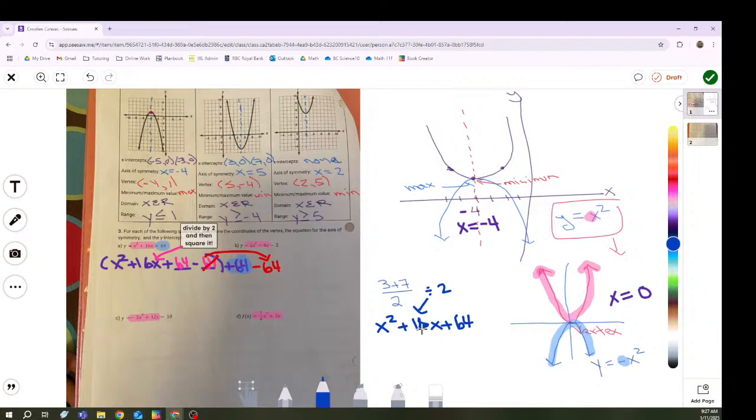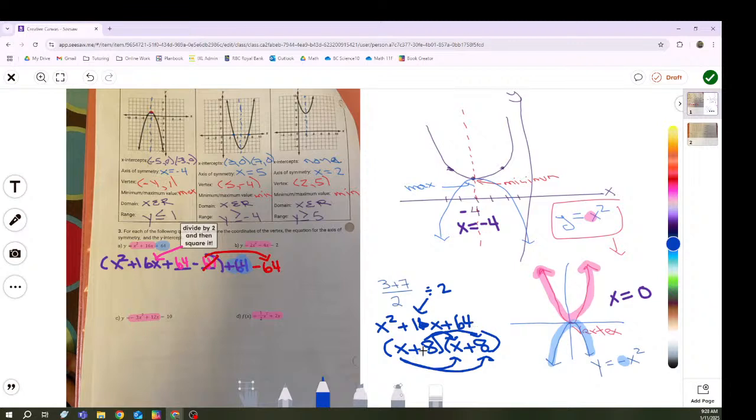And 16 divided by 2 is 8, so as factors, this would have been x plus 8 times x plus 8. If we FOILed this, just as a check, this would have been first terms, x squared. Outside terms, there's 8x. Inside terms, there's another 8x to make 16x. And then the last terms together, 8 times 8 is 64.